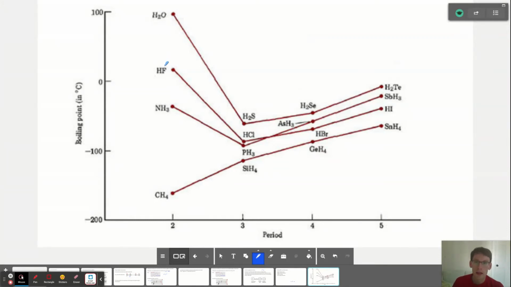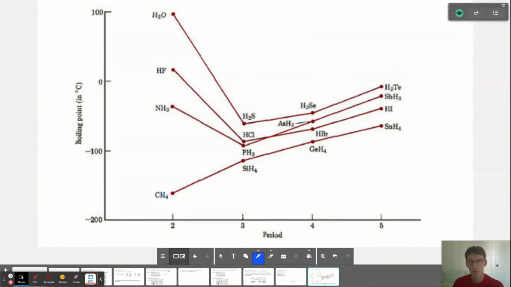You'll notice the same with HF, and as you go down the group to hydrogen chloride, hydrogen bromide, and hydrogen iodide, you'll also notice the same trend with ammonia, which also has hydrogen bonding, versus PH3, AsH3, and SbH3. The last thing, though, to point out is that in CH4, there is no hydrogen bonding.